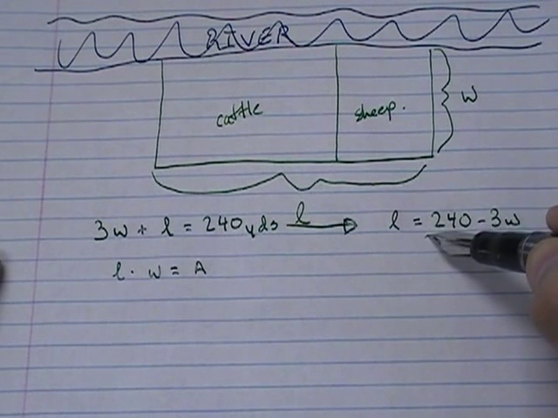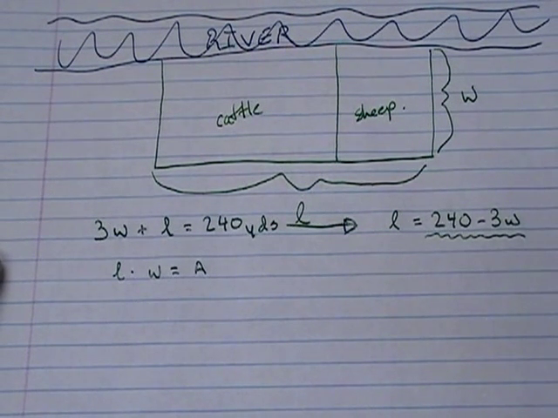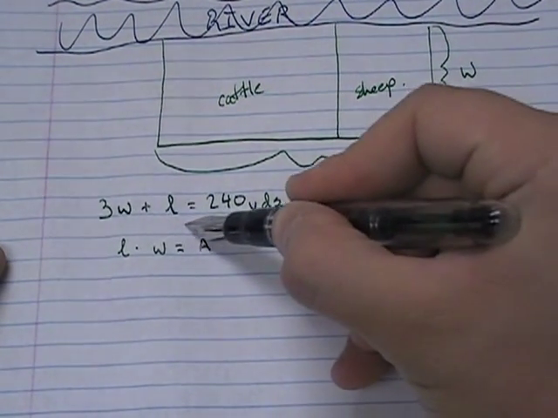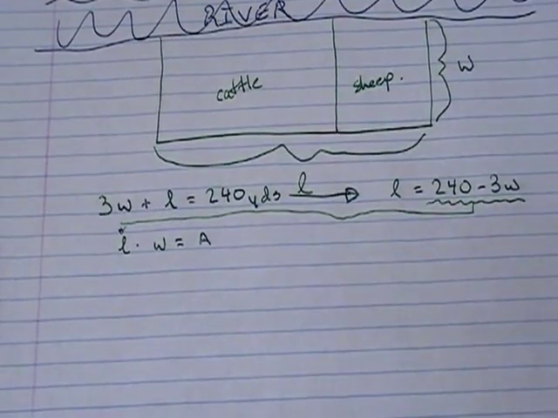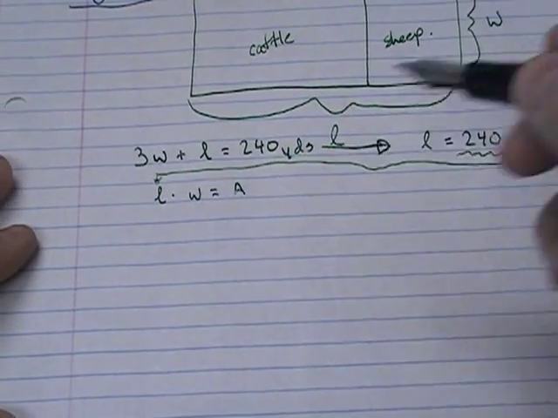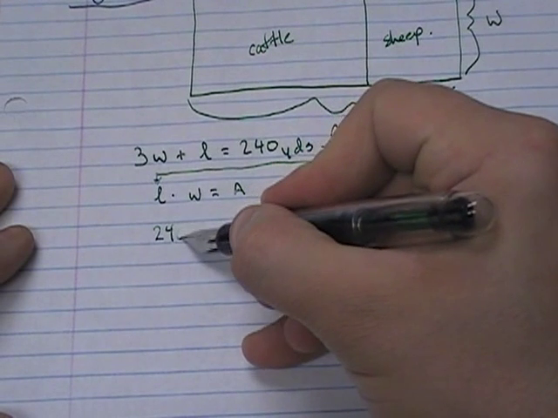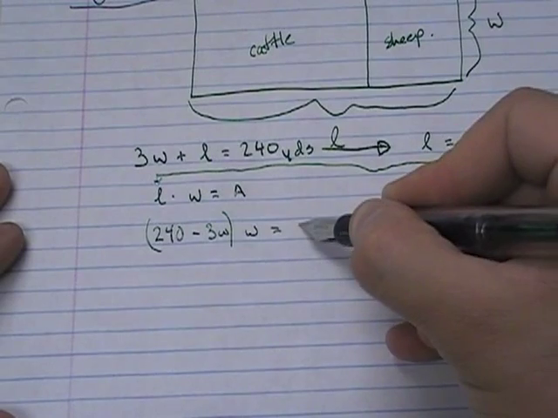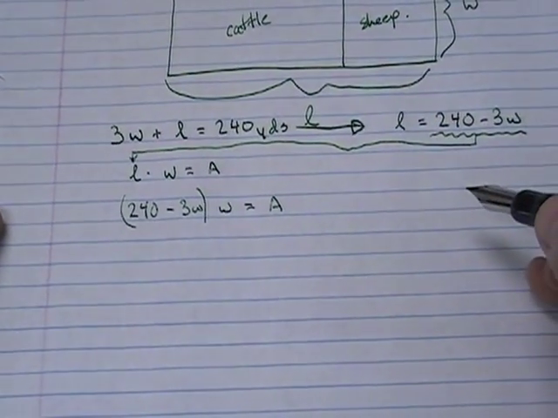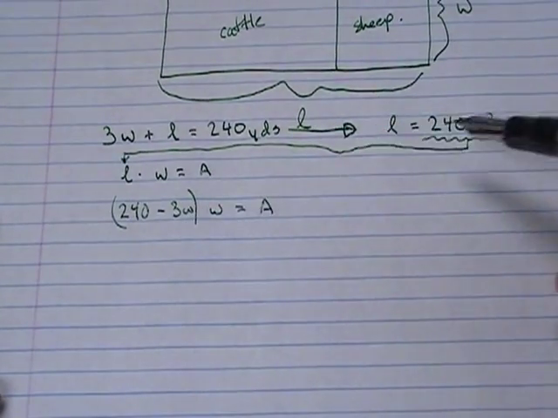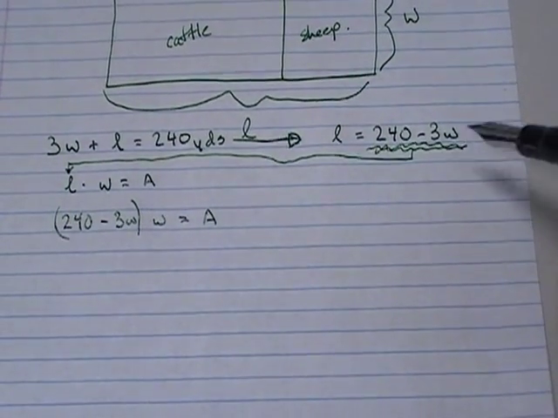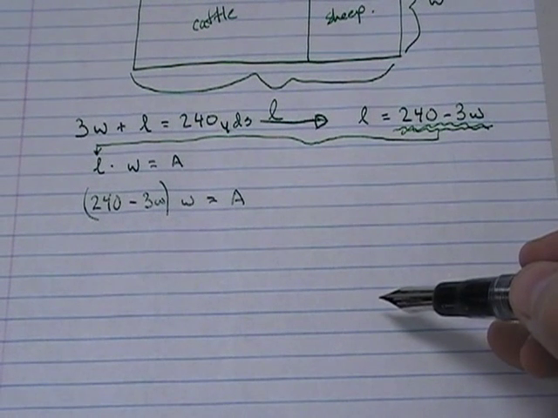Everywhere I have length, I can substitute this quantity into the equation. So I get 240 minus 3W times W equals A.